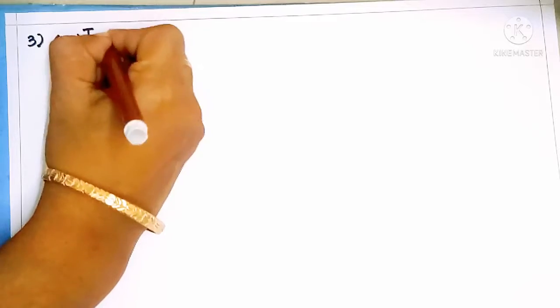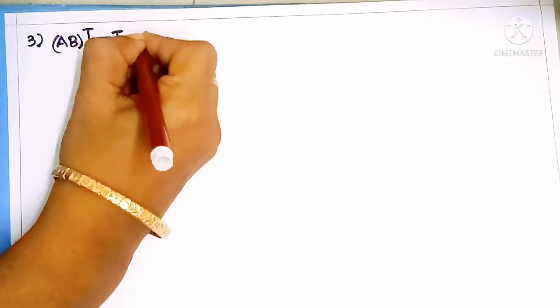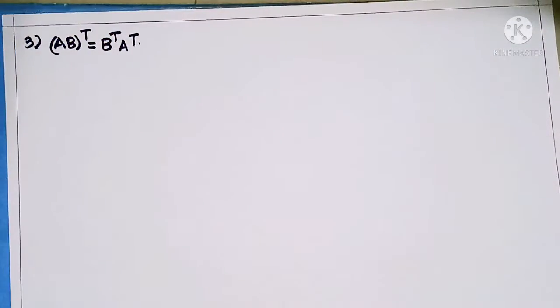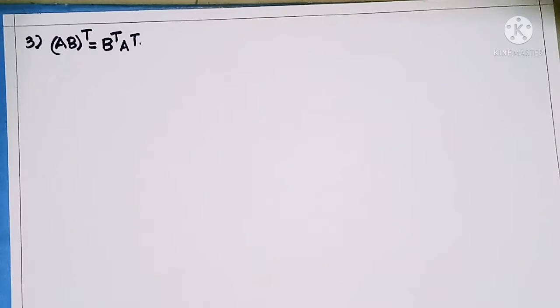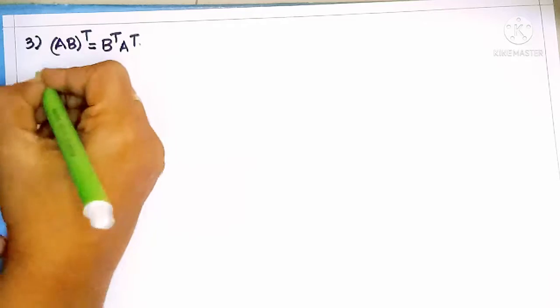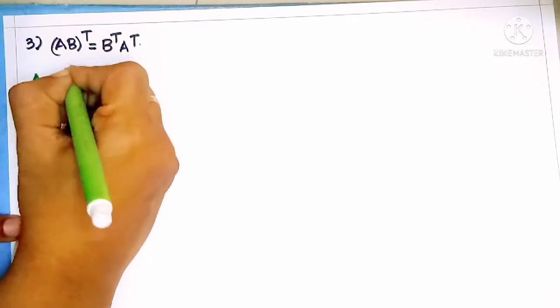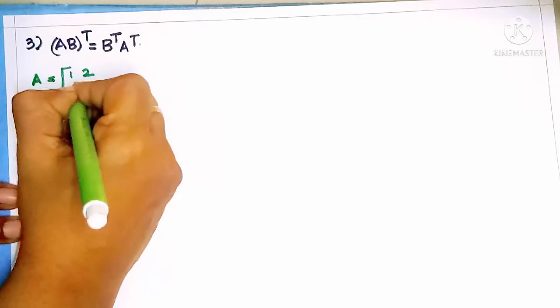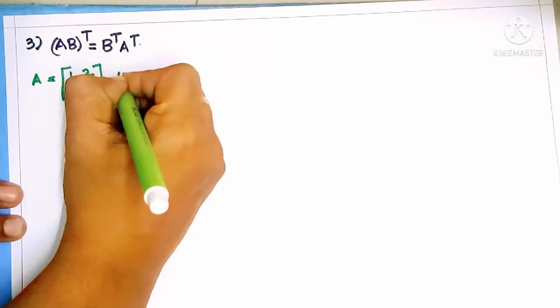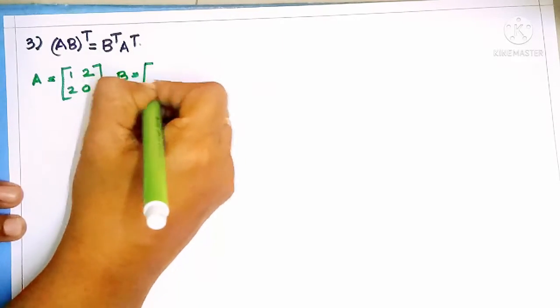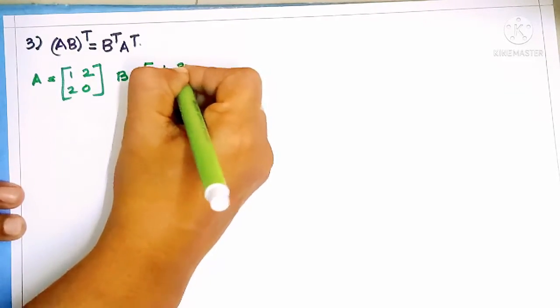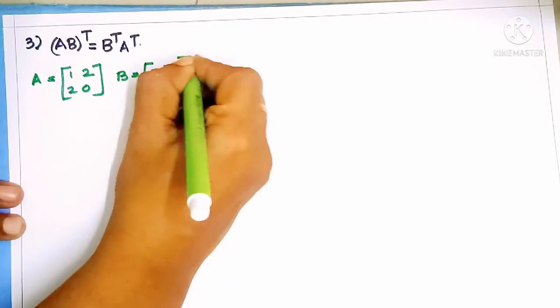Third property: (AB) the whole transpose should be equal to B transpose into A transpose. To prove this condition, we can take two matrices, the previous matrices. A is equal to [1, 2; 2, 0], B is equal to [-1, 3; 0, 4].